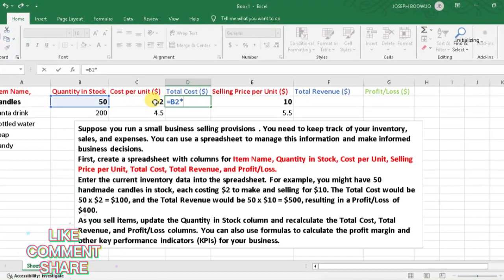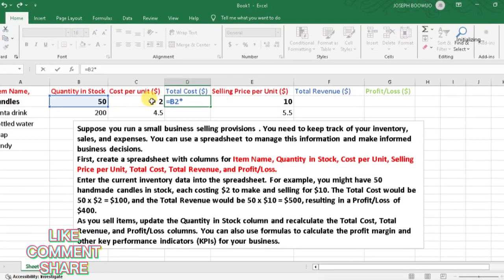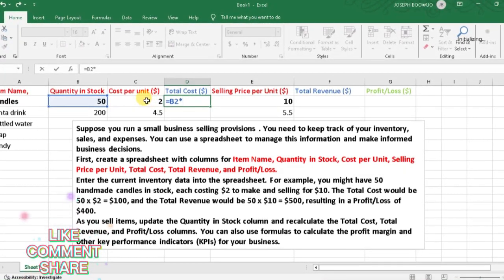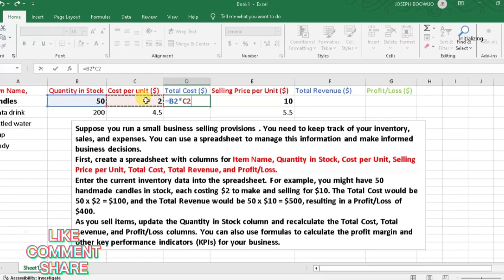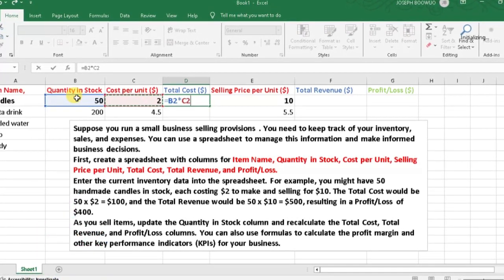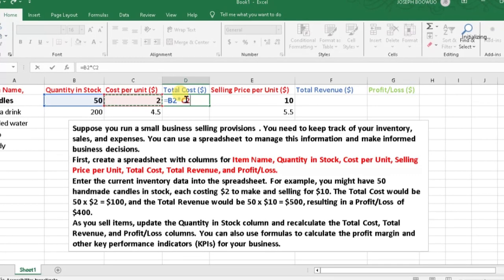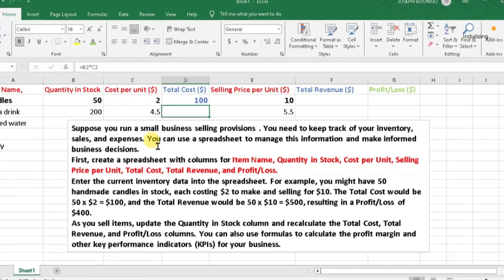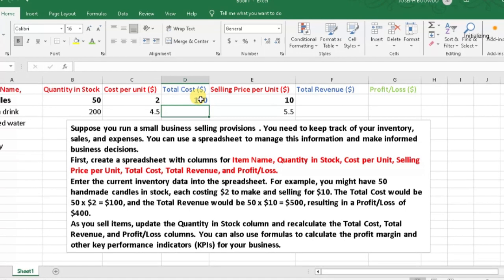Now I get the cell C2. The other way is that instead of typing, I can just click on the cell I want to calculate, and it's going to give it to me. When I was on B2, I can just click on B2 and it's going to be there. Now just press Enter on your keyboard and it gives you the value straight away.